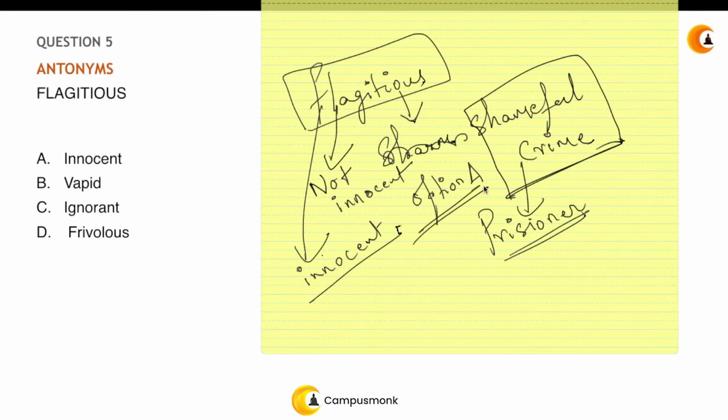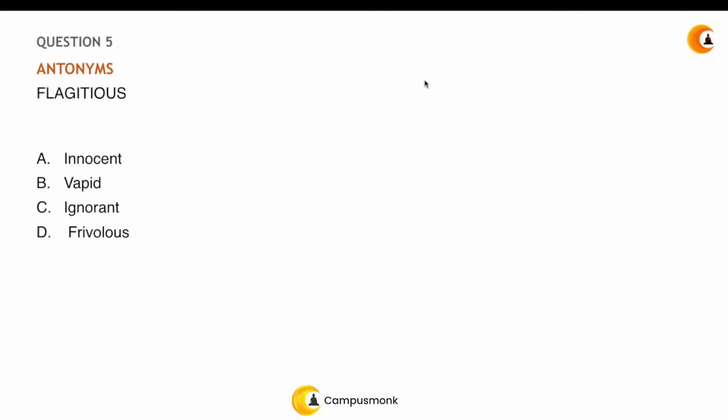Vapid, ignorant, frivolous are something different. Remember, flagitious was initially used for prisoners who committed shameful crimes. It has a Greek-Latin origin. I know the words are a little complex, but we need to improve the complexity so we get to know why and how and where to use these terms, right?